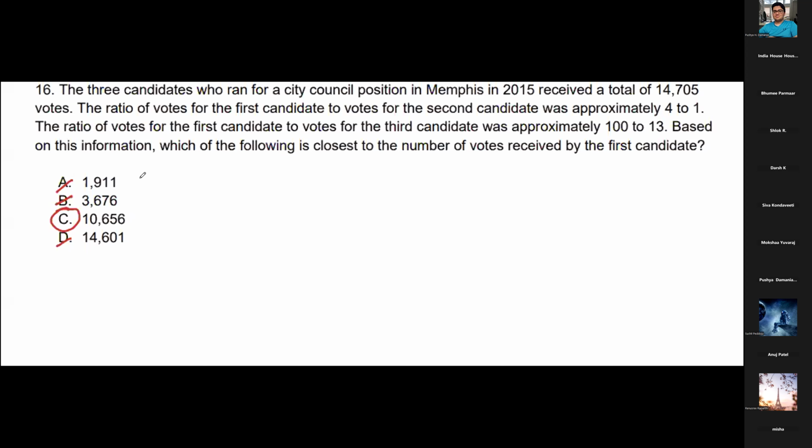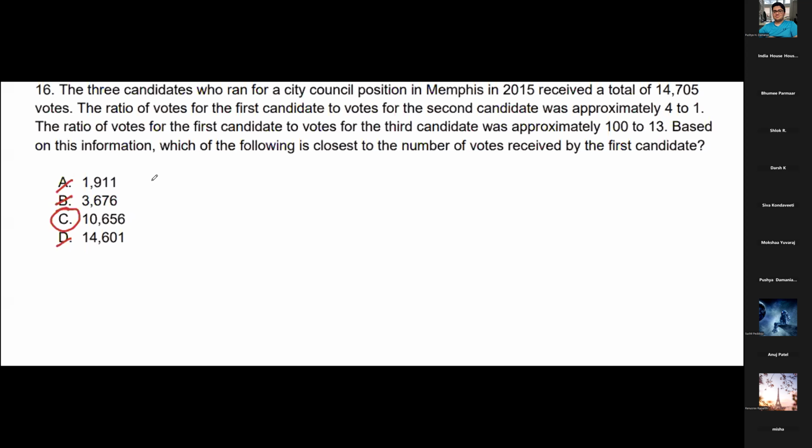That's kind of why we know it's not B, because half of the votes would be about 7,000. And so if the first candidate only received about 3,676 votes, well, then that would mean the second candidate received a fourth of that. And the third candidate received about a tenth of that.